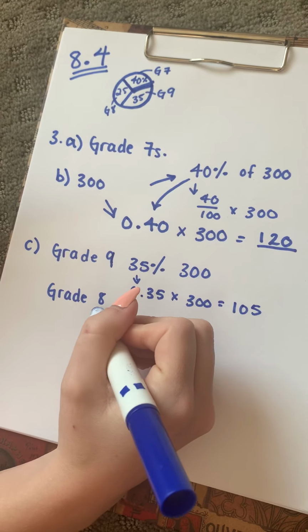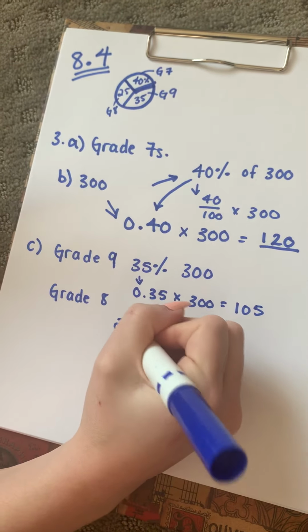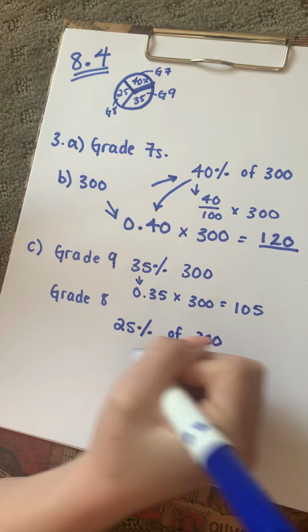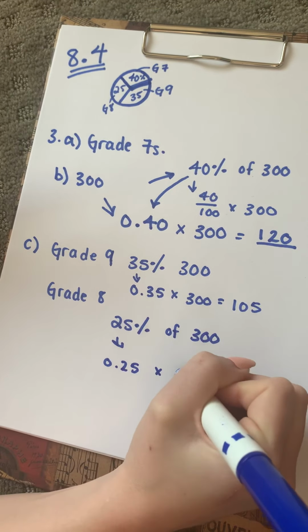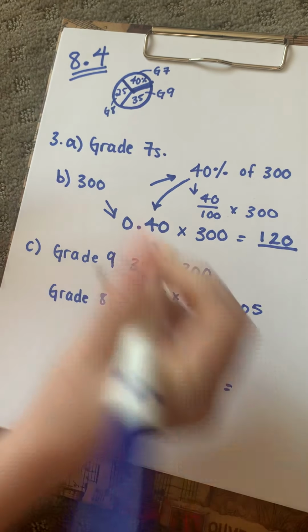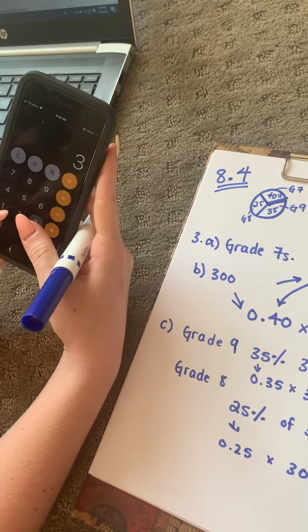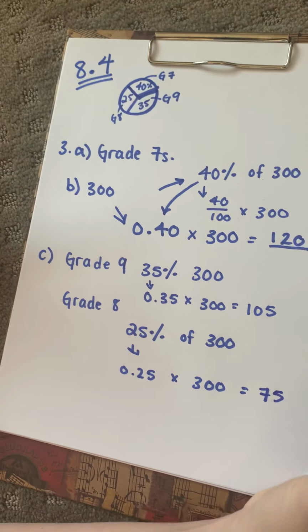Now I'm going to do the same thing with the grade 8. Going back to our circle graph, 25% of 300 was grade 8s. I'm going to change that into a decimal and times it by my total. 0.25 times 300 tells me that there were 75 grade 8s.